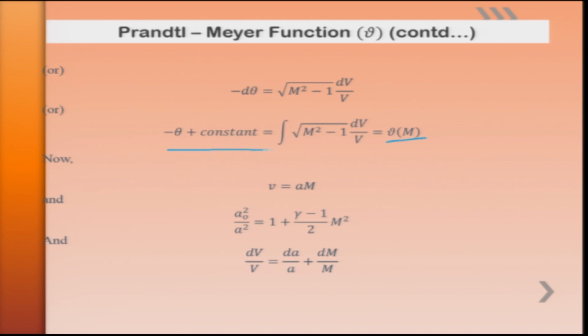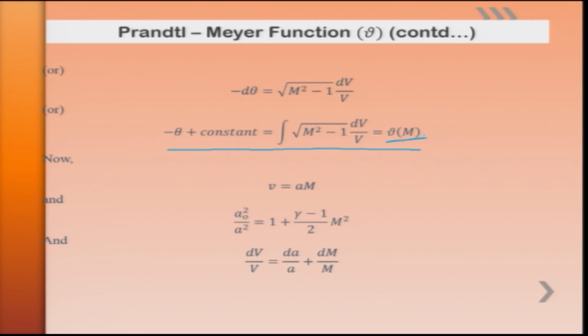In turn, the relationship is like this: for each value of Mach number there is a specific Prandtl-Meyer function nu, which can be added or subtracted, which we will see just now, plus a constant.